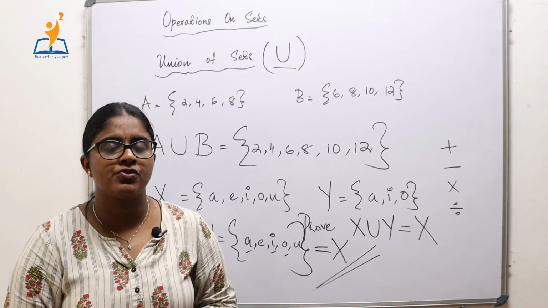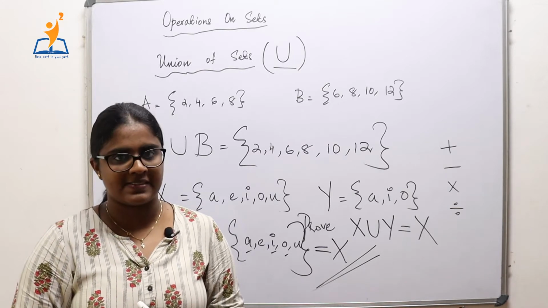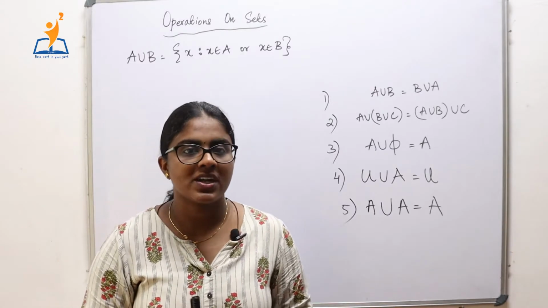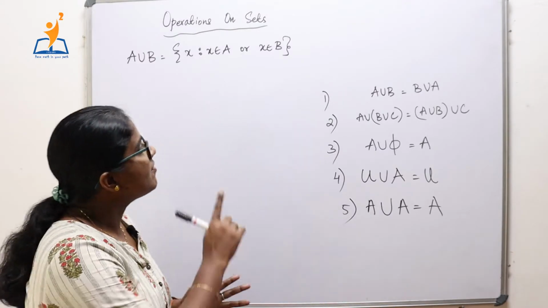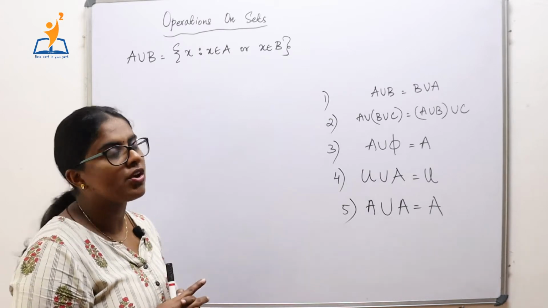Now we shall move to some basic properties of the union of two sets. Before going to the properties, we have to know the set builder form of the union of two sets.